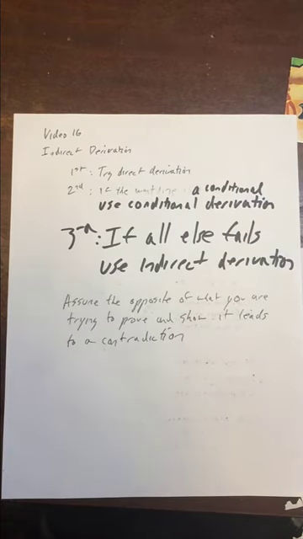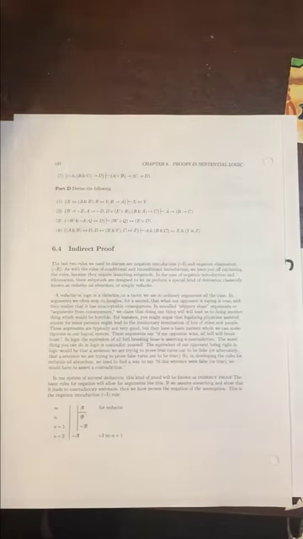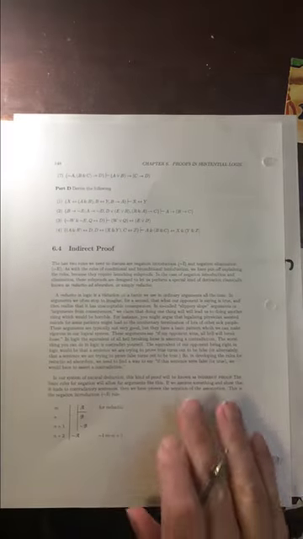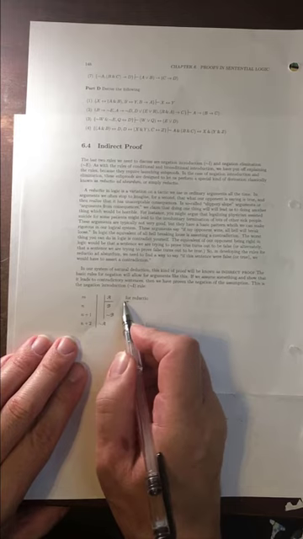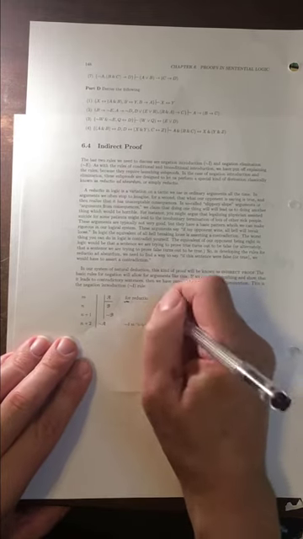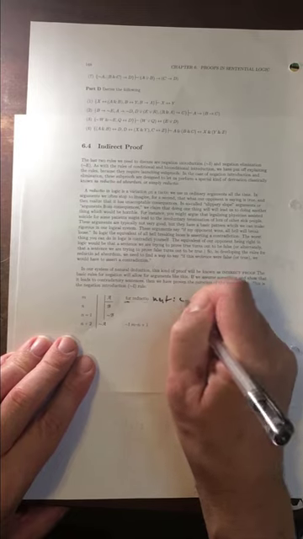So the schema is going to look like this. You assume A, and then you mark it for reductio. You can also say that you want a contradiction.